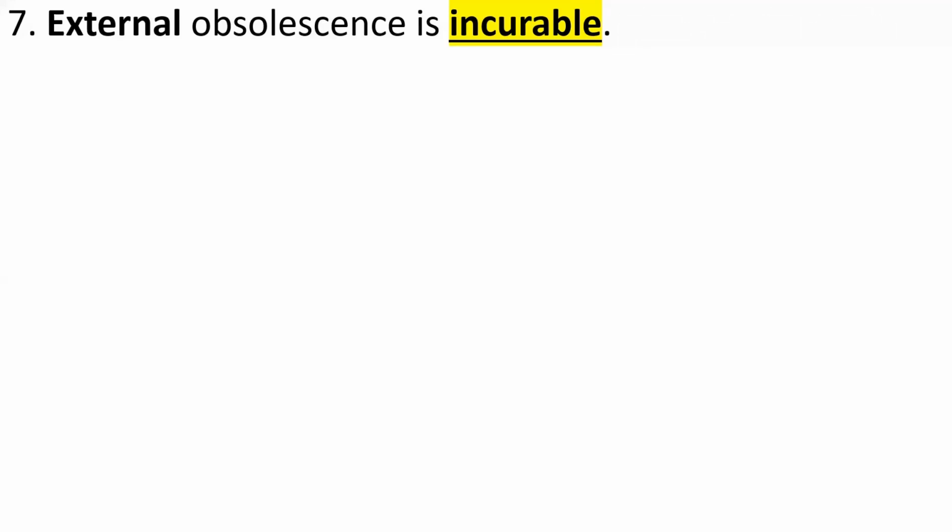You can imagine how that property can affect your property. Another scenario, you live near a busy street, so the noise pollution is affecting the value of your property. Those are things you cannot really do anything about. So therefore, they are incurable. Incurable means cannot be repaired, cannot be fixed.